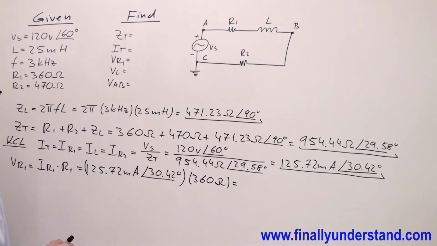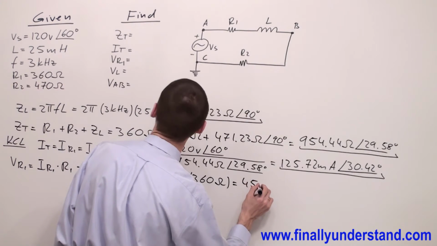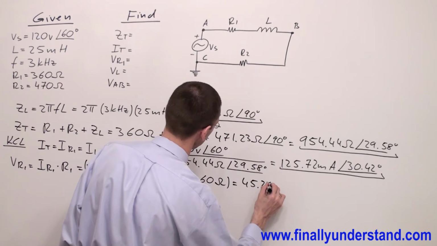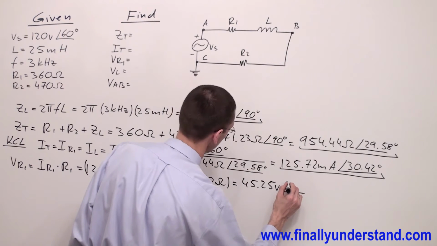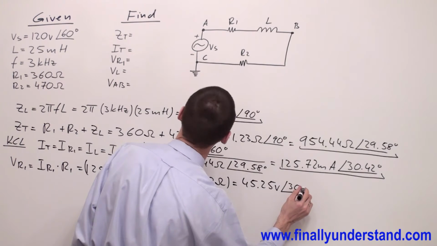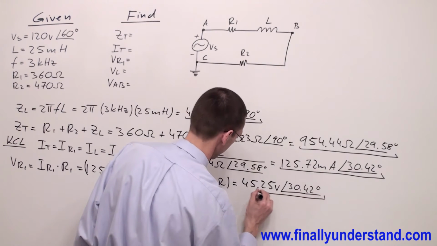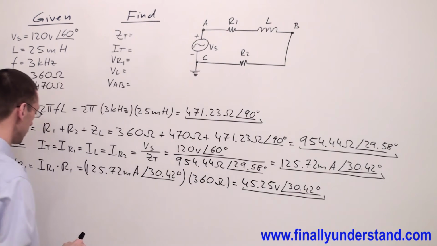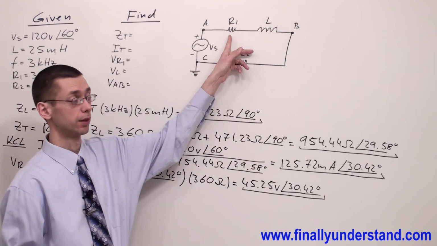This is equal to 45.25 volts and angle of 30.42 degrees. This is the voltage drop across resistor R1.